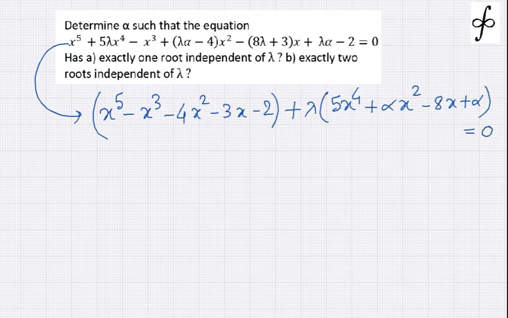So we can modify the equation in this way. One part is devoid of any lambda, and in the other part we are taking lambda common. I guess it is okay, fine.